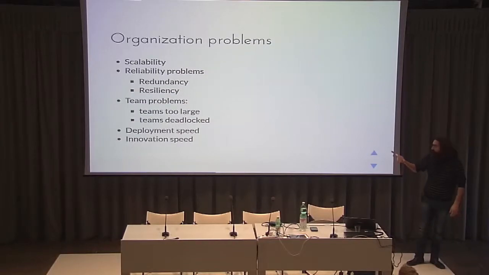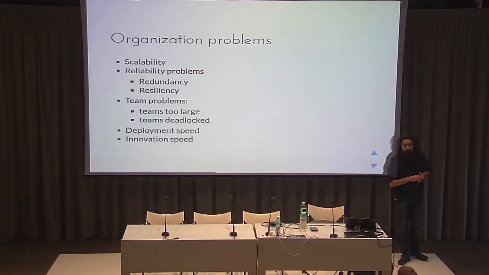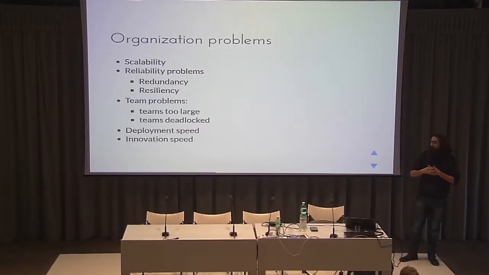When I say deployment speed and innovation speed, I'm talking about the fact that every team usually tests, develops and deploys its own microservice, its own service. And this has many effects, such as that deployment is easier. I deploy different things independently.